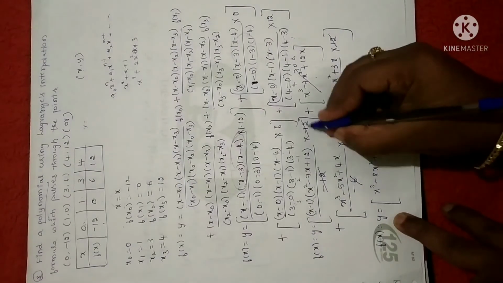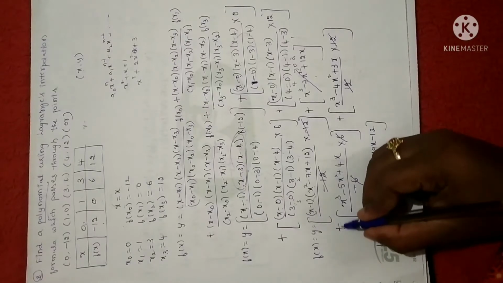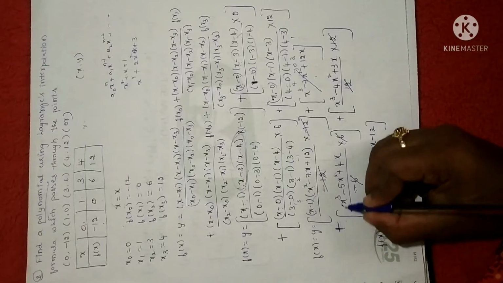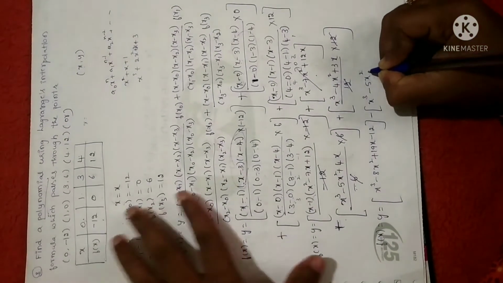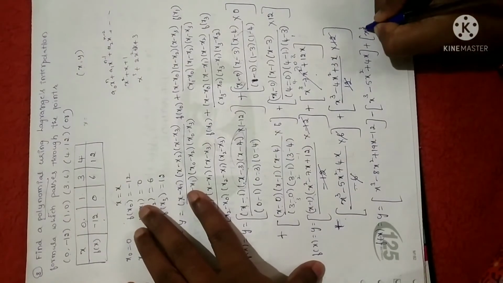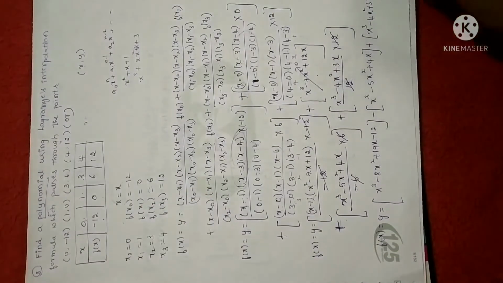Anyhow, minus 12 and plus 12 get cancelled there only. So this term is not there. Again minus you have, so you have to multiply minus for each and every term. So minus x cube minus 5x square plus 4x, plus x cube minus 4x square plus 3x. Now we have to simplify this again.